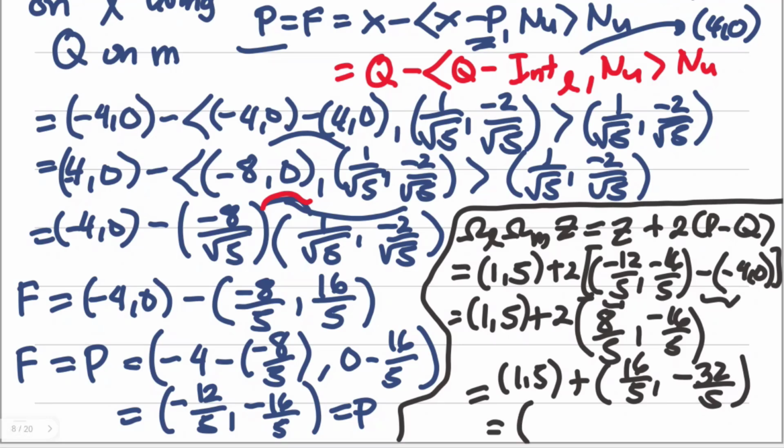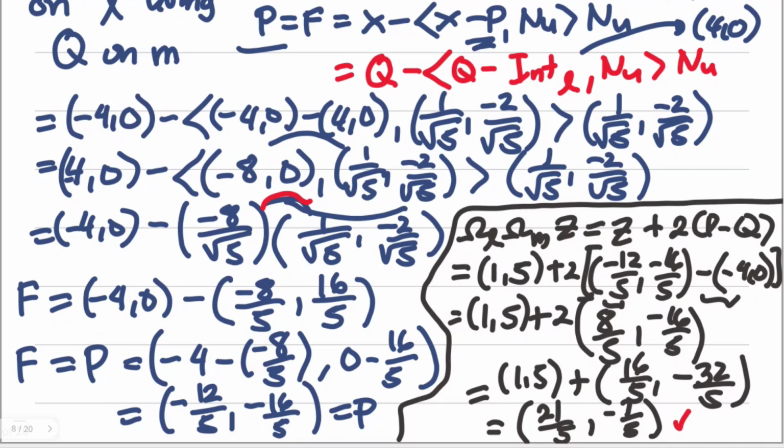1 plus 16 fifths is actually identified as 21 fifths, okay, over 5. And the second component is 5 minus 32 fifths. You will have a result of negative 7 fifths. Okay? So you can of course verify this by double reflection, but let me also share with you another way of verification here.